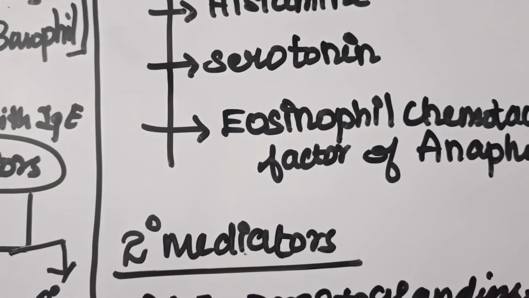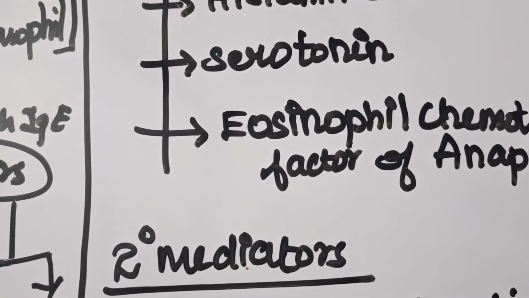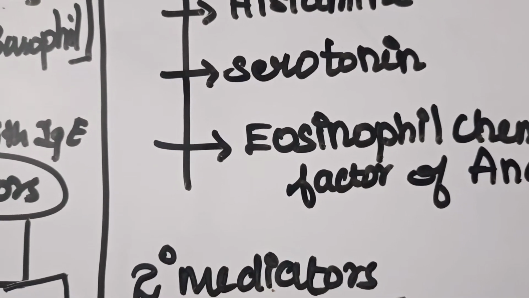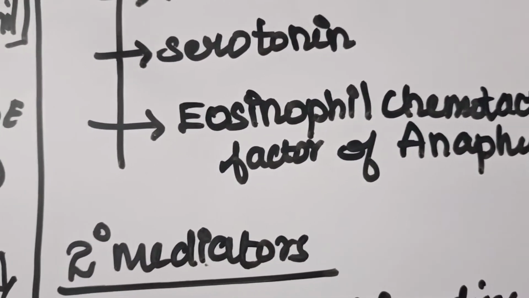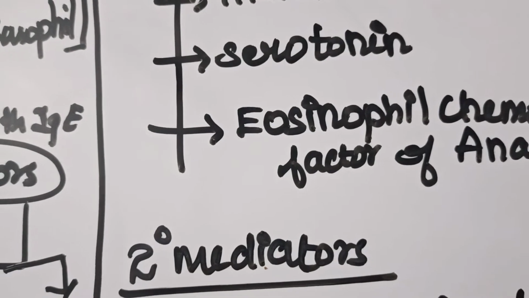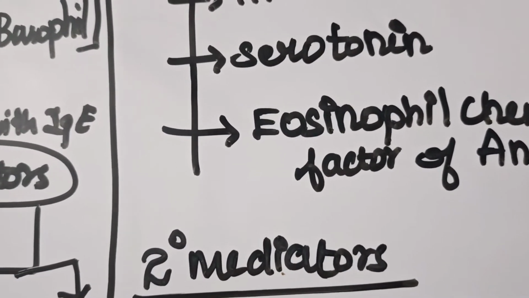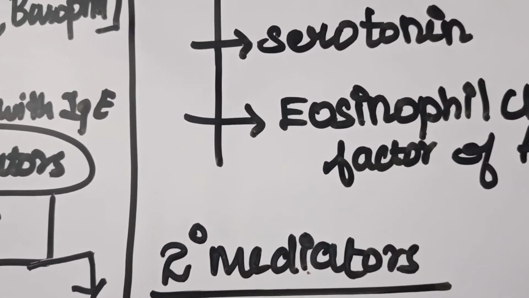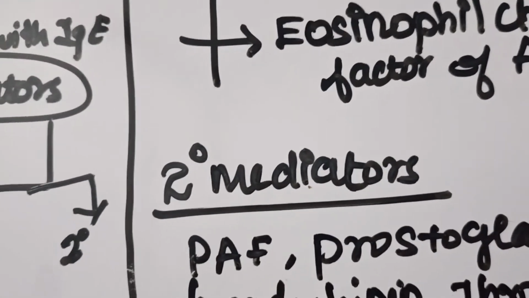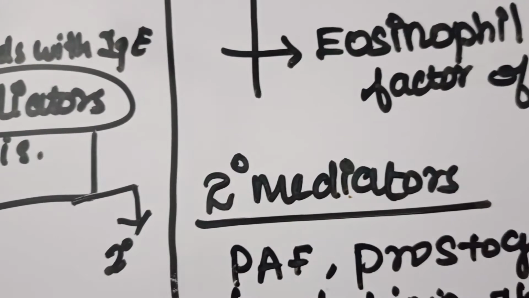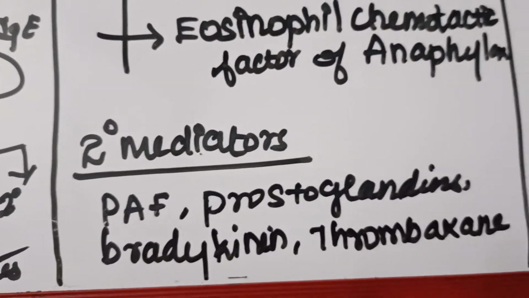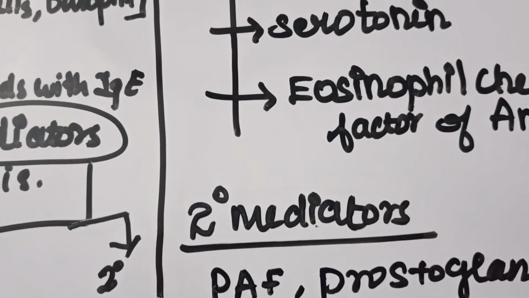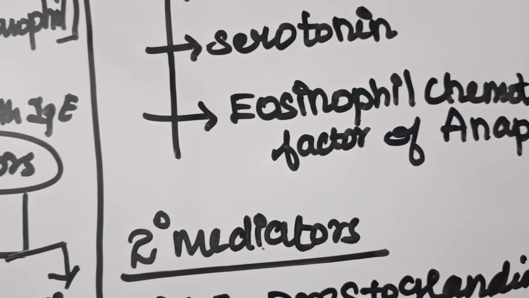And eosinophil chemotactic factor is in some mast cell granules, and they contain certain chemotactic factors for eosinophils. They probably contribute to eosinophilia associated with hypersensitivity reaction. And now let us move to secondary mediators. They include platelet activating factor, prostaglandins, thromboxane, bradykinin, and slow reacting substances of anaphylaxis, etc.